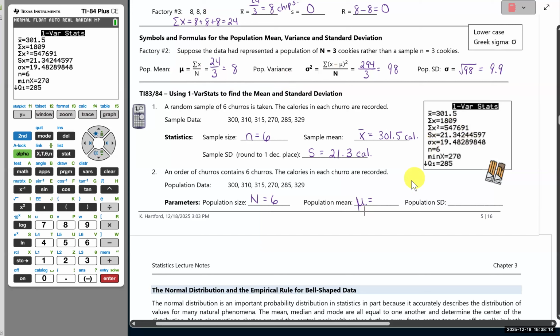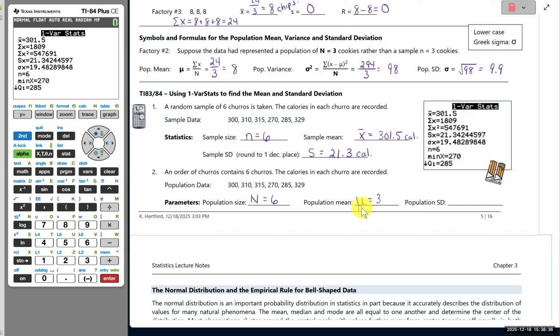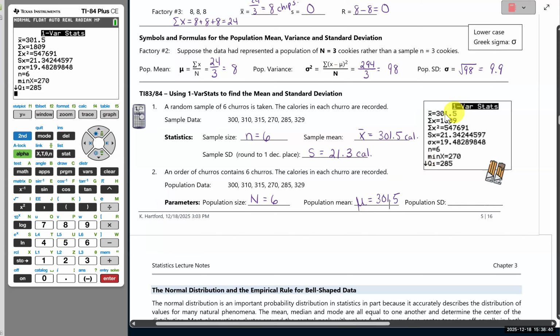So your calculator doesn't have a mu because it doesn't figure out for you the correct symbol. It's assuming a sample up here, but you read the question, and if it's population data, don't write x bar because it's mu for population mean, but mathematically, that numerical value will be correct. So 301.5 is correct, just the symbol that you need to change.